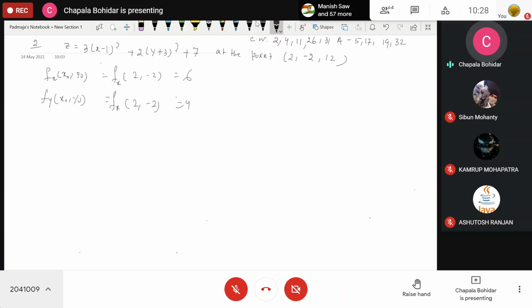Then write down your equation. That is z minus z0, which is 12, is equal to 6 into x minus 2 plus 4 into y plus 2. Then if you simplify, z is equal to how much are you getting?